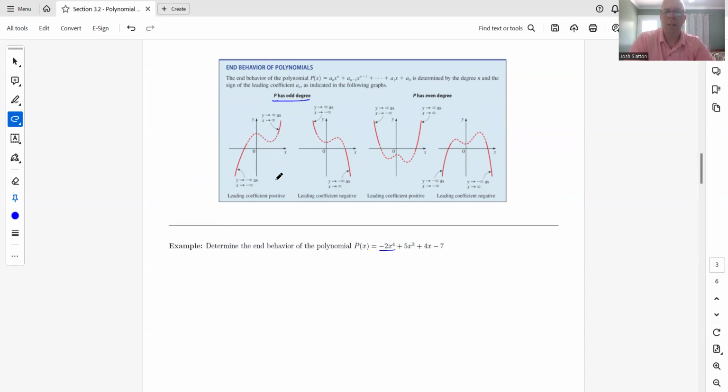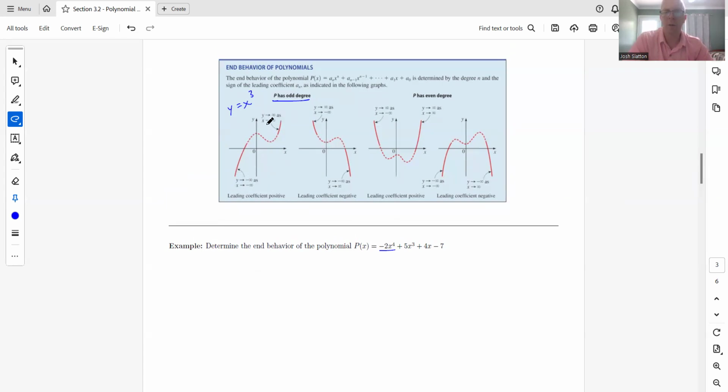If it's odd and the leading coefficient is positive, for instance y equals x cubed, that would be an example. Not this exact graph, but an example where we're not worried about the middle. When we have an odd degree and a positive leading coefficient, the graph looks like this.